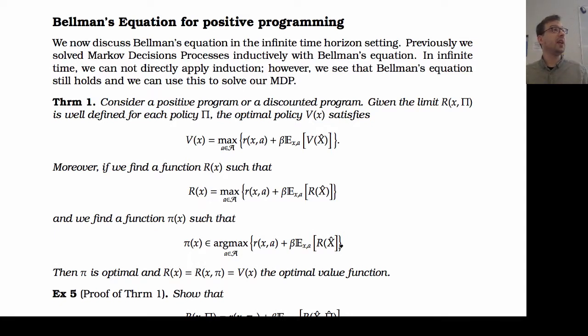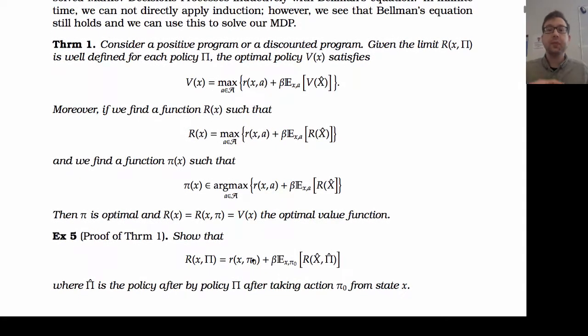And this theorem states that this is an okay thing to do. It says, for the case of a positive program or a discounted program, given the limit R of x, t, which I interpret as the limit I described before, where you take the finite time problem and let t go to infinity, given these limits are well defined for each policy, the optimal policy satisfies this expression, which again is Bellman's equation.